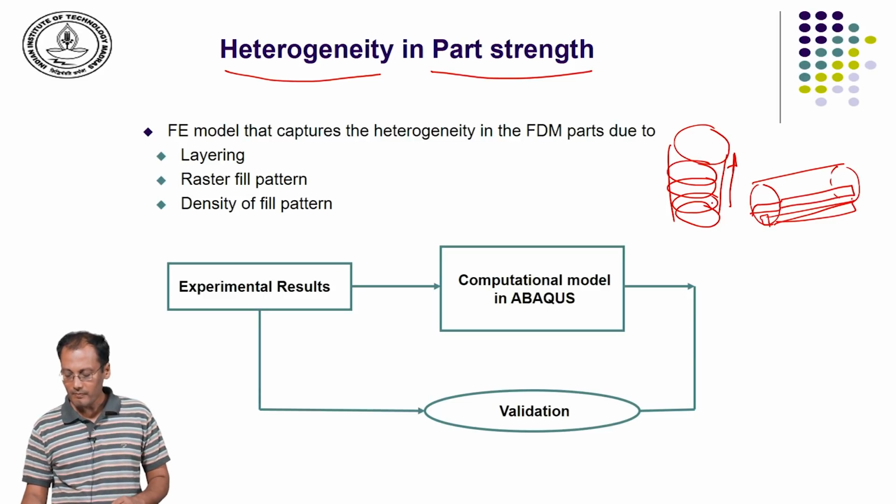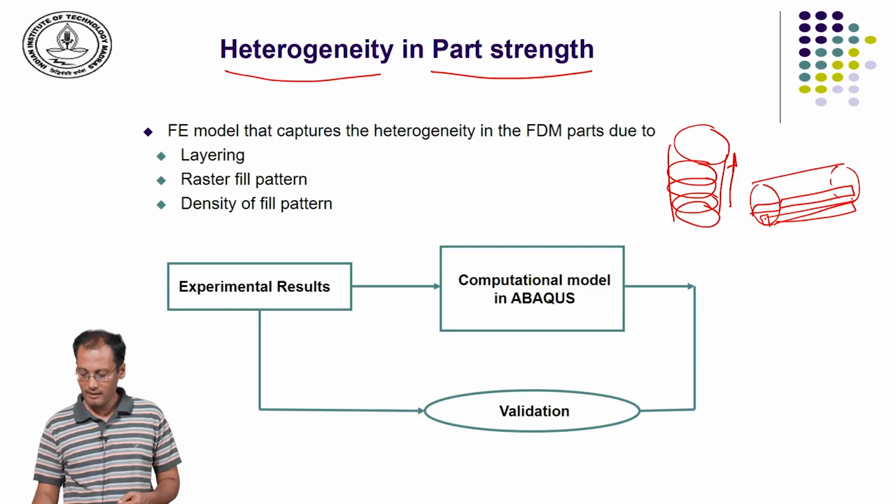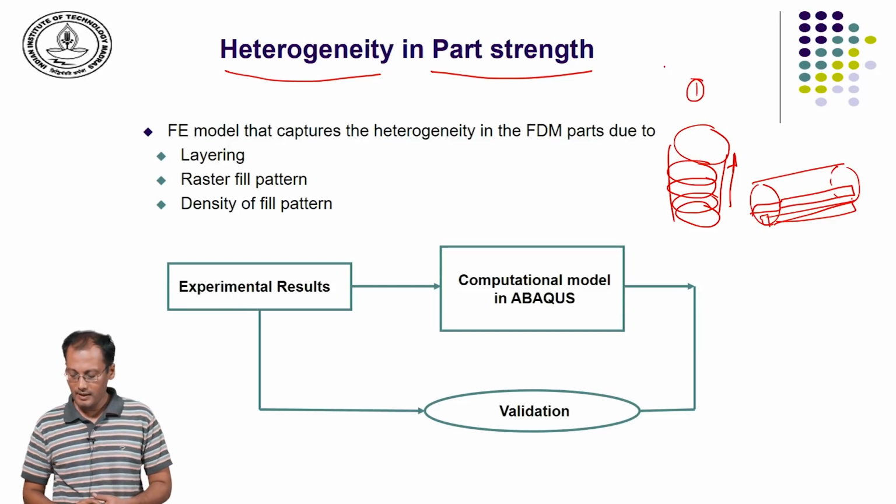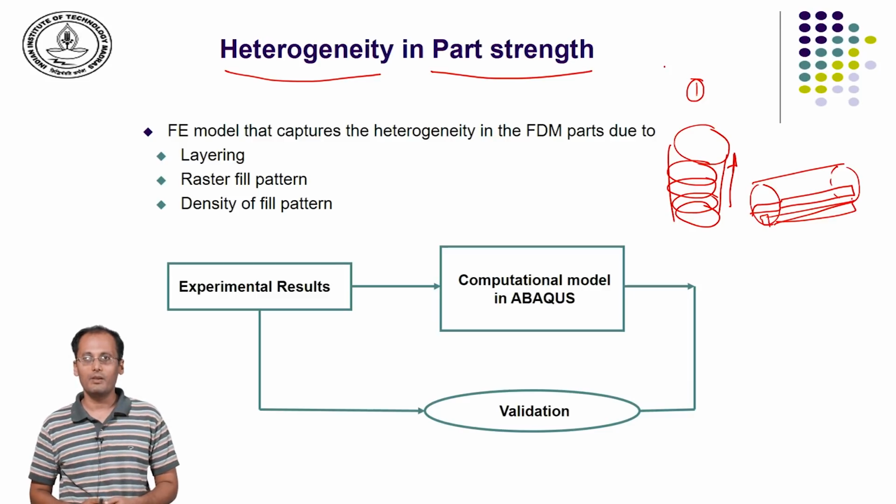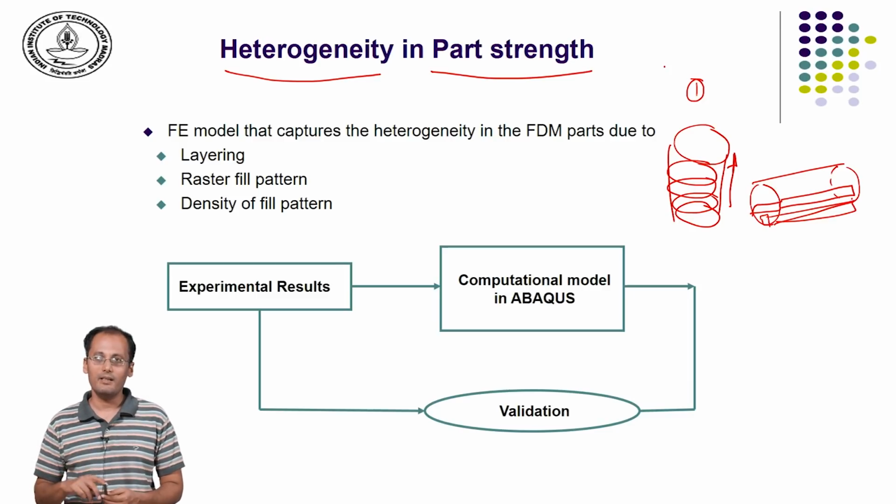So, we can see that in the first orientation, the surface finish will be good, because I am going to build a series of circles one on top of the other.